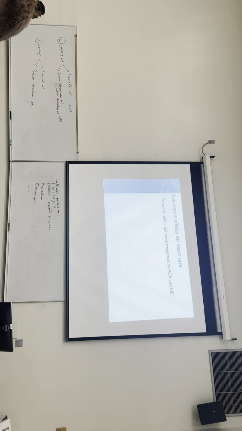Okay? So the SA node can respond to acetylcholine and norepinephrine. Where is acetylcholine released from? Where is norepinephrine released from? Sympathetic, right? So what releases acetylcholine? Parasympathetic, amongst others, right?